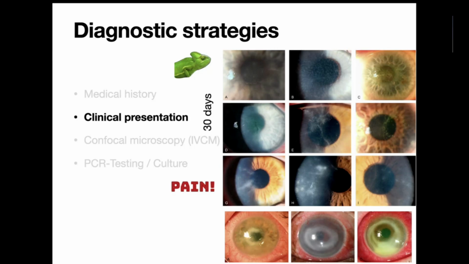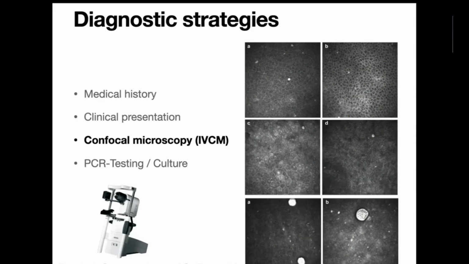But if you see the ring infiltrate, then it's really the stage of the disease where we have to fear to lose the eyeball if we don't do the right treatment. And if we are not so sure in the early stages of the disease, there has been an interesting tool to get some confidence in the diagnosis.